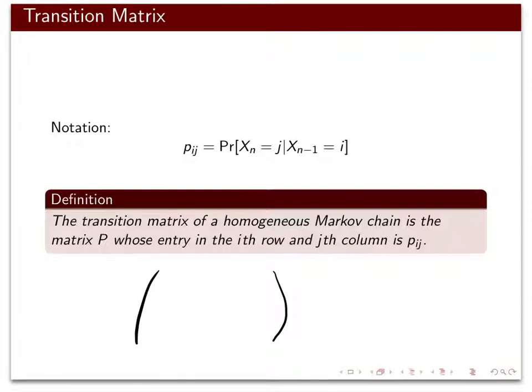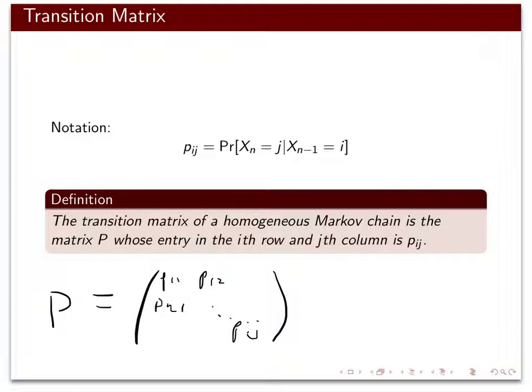So here we have a matrix, this is P, and the ijth entry, so this is P11, P21, P12, Pij. This is the transition matrix of a time homogeneous Markov chain.